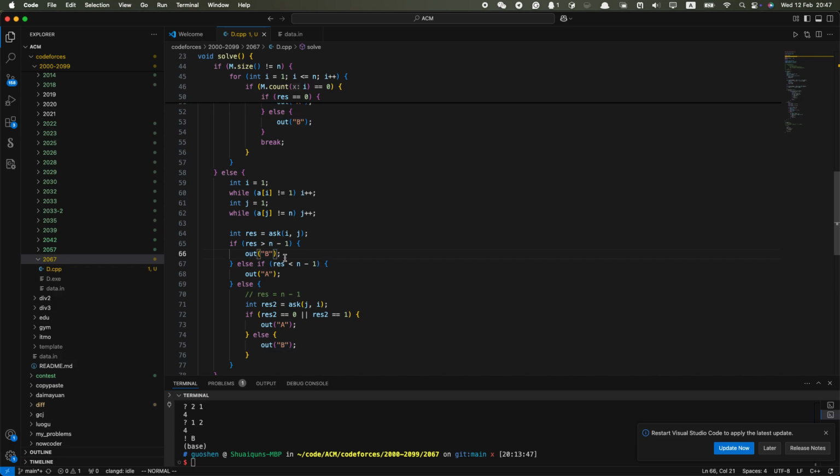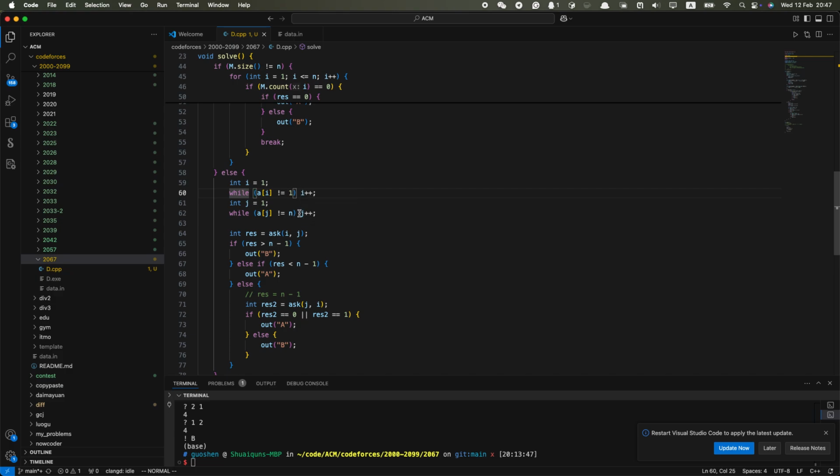So if the response is less than n minus 1, the answer must be object A, because for object B, the response is never less than n minus 1, because n and i contribute n minus 1.